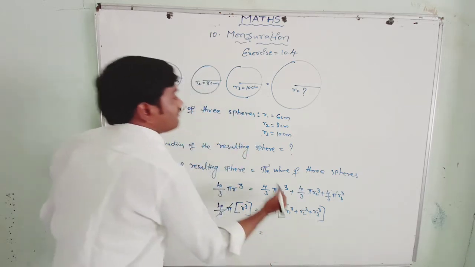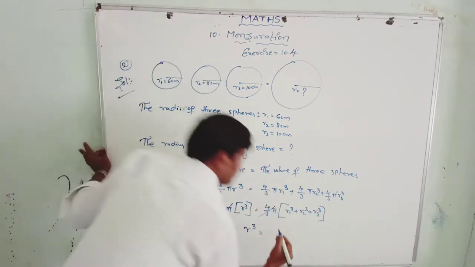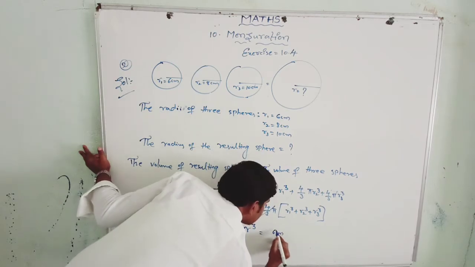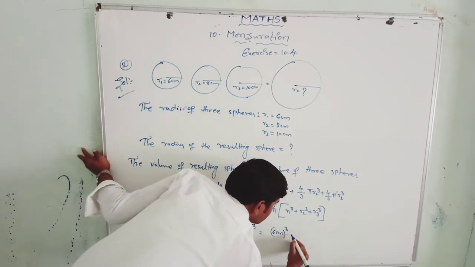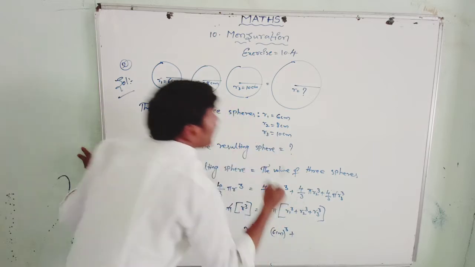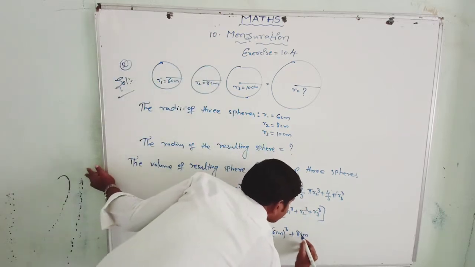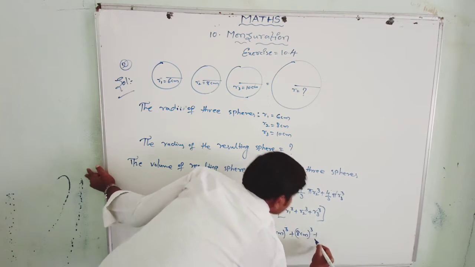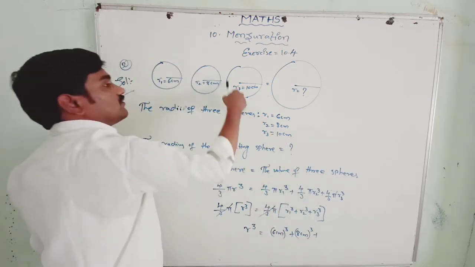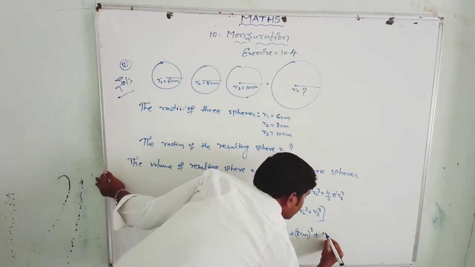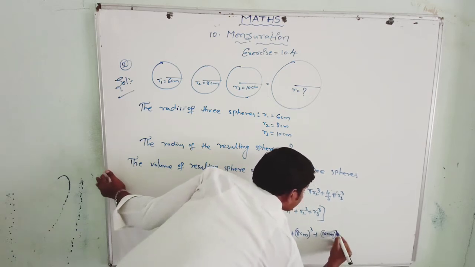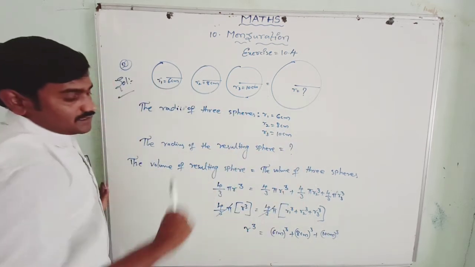Then here r cube is equal to r1 value, that is 6 centimeter whole cube, plus 8 centimeter cube, plus r3, here also we have 10 centimeter cube. Let us do this.